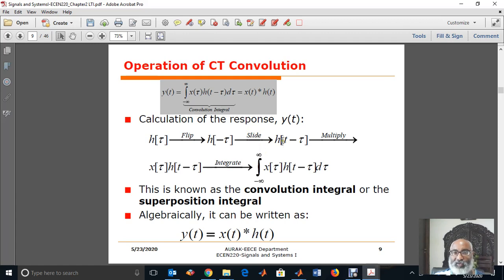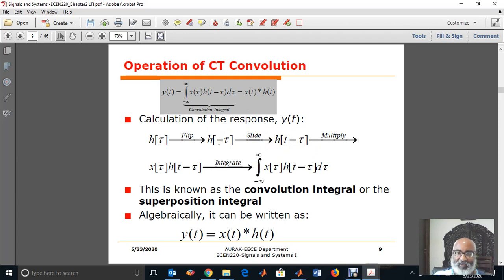Now t is constant, because our integration variable is tau. So the sliding gives h of t minus tau. When we slide the flipped signal, if t is positive, we shift it right. If t is negative, we shift it left, because we flipped first.